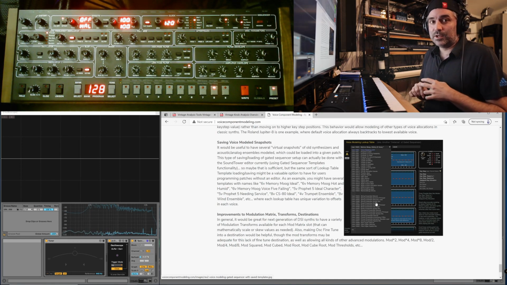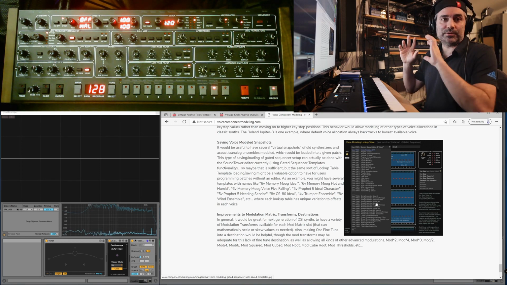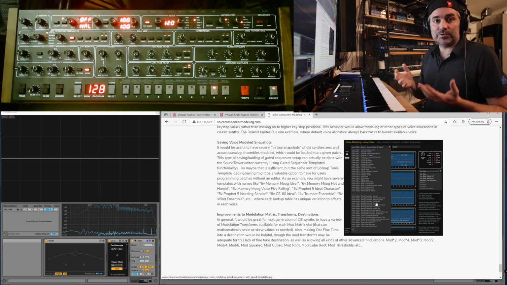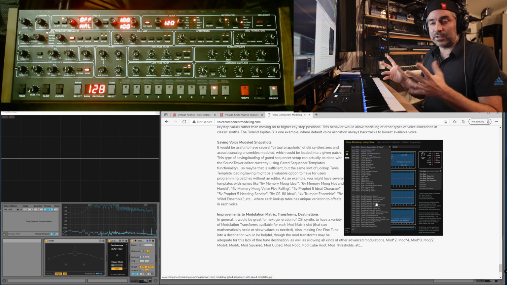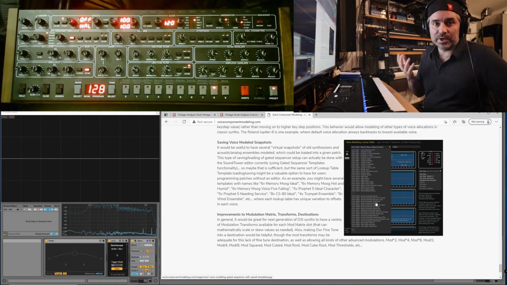If you're trying to model orchestral strings or brass or choirs or a variety of different acoustic instruments, strings or pluck instruments, it greatly improves the realism.